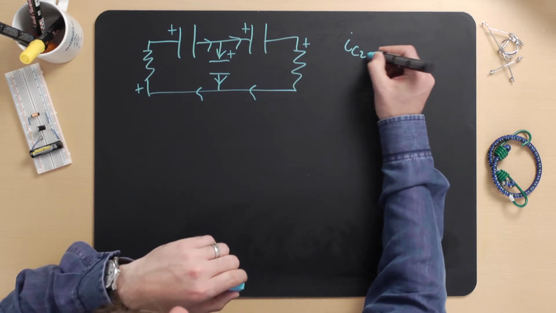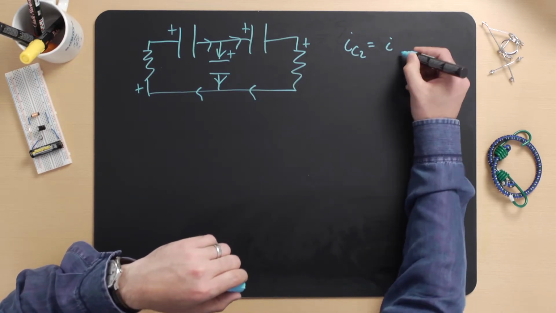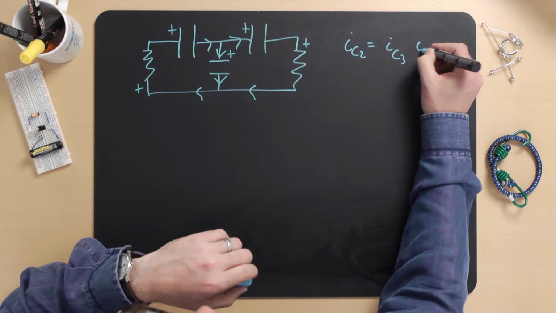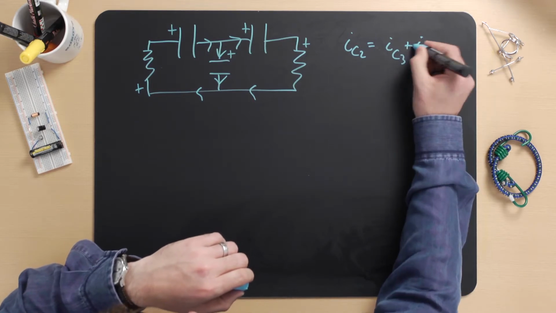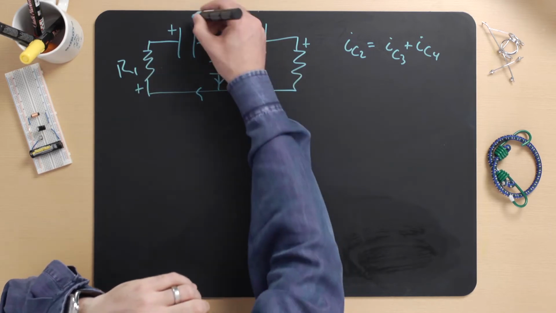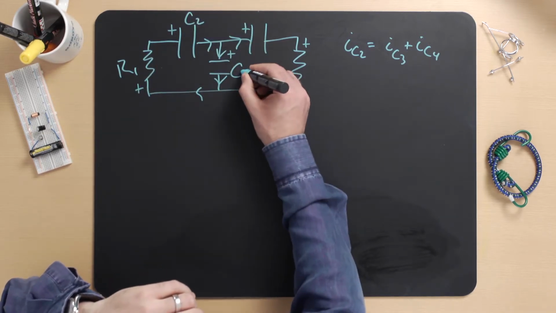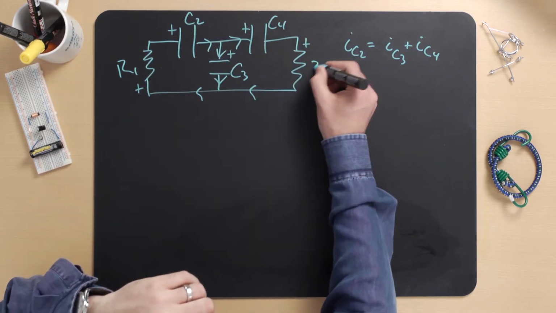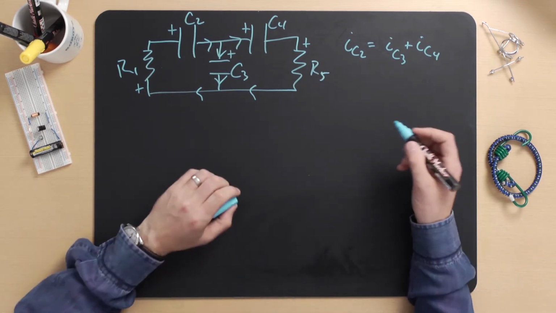I can assign the current flow convention any way I want, and once I've done so, I can evaluate Kirchhoff's current law. And I get that I C2 is equal to I C3 plus I C4. So I'm going to go ahead and label each one of these so that we don't forget which ones are which.